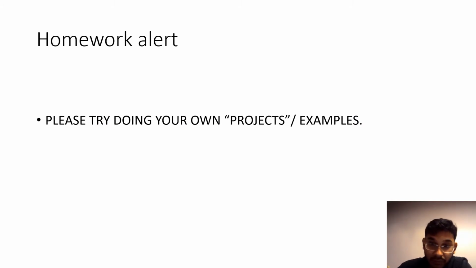So I will post this example PDF to you so that you can take a look at how people have tried to improve products through eco design, but come up with your own projects or examples. It could be very simple. You can take a product which is something that you use in daily life and then apply these principles and see what happens.